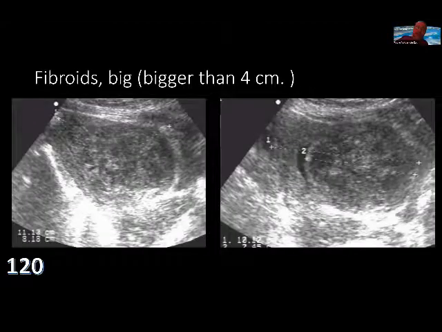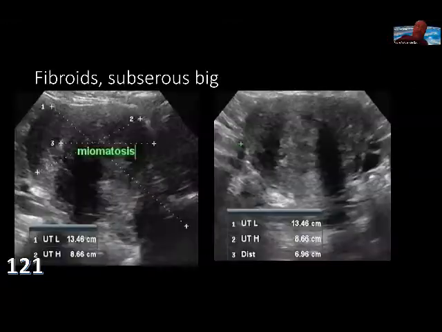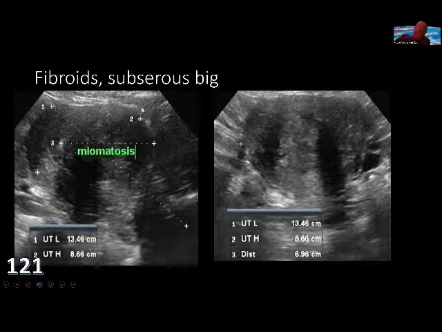And can be small or big. It's a really big, 7, 8 centimeters diameter fibroid. Sometimes they're subserous, they bump outside the uterine surface.